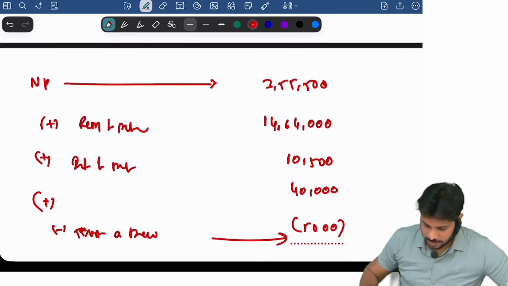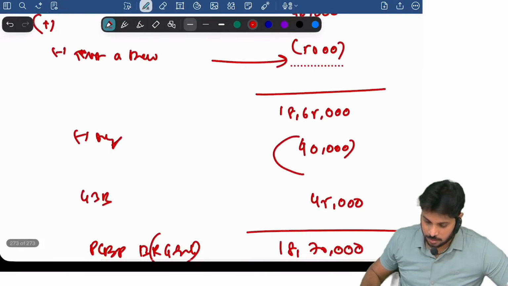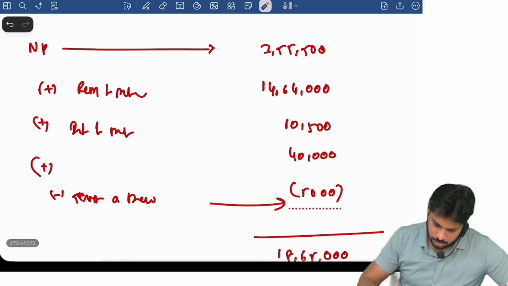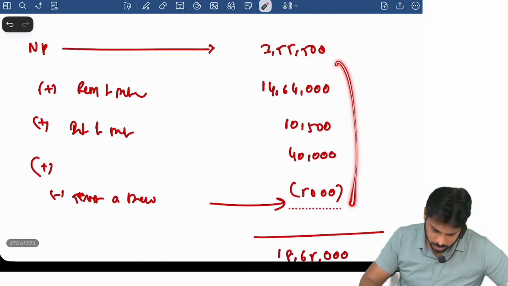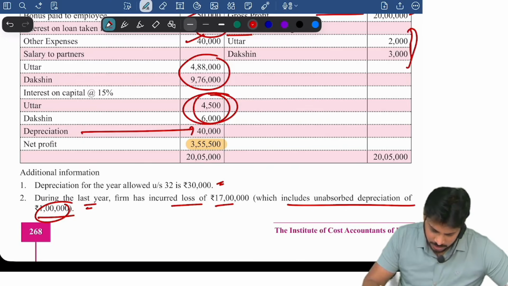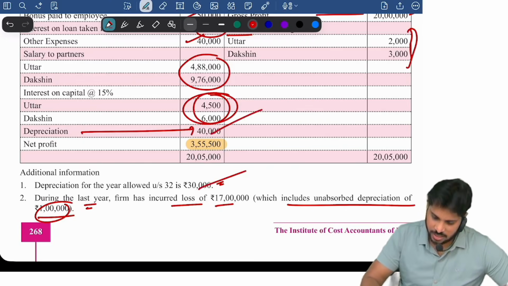3,55,500 plus 14,64,000 remuneration to partners fully disallowed. 10,500 plus 40,000 minus 5,000. Yeah, here we added. Where is depreciation here? We didn't add depreciation. 40,000 added. You told me wrong.